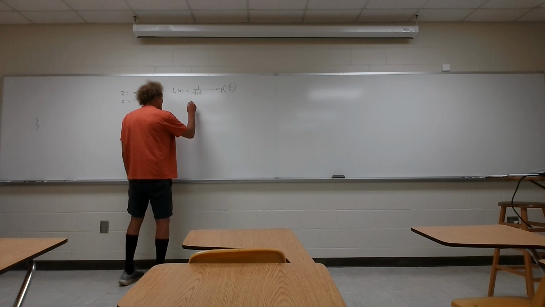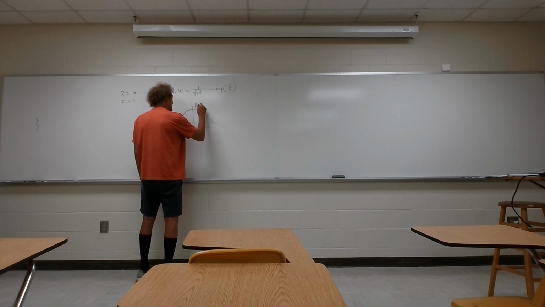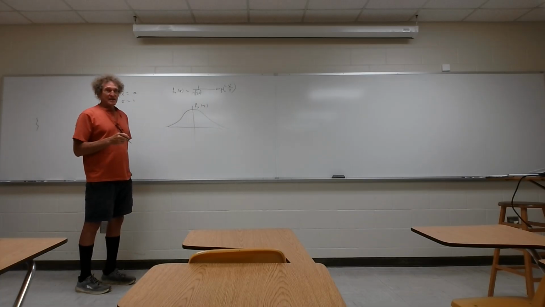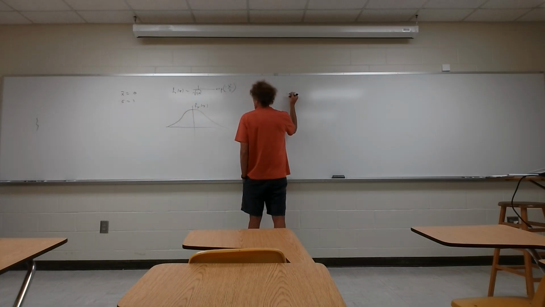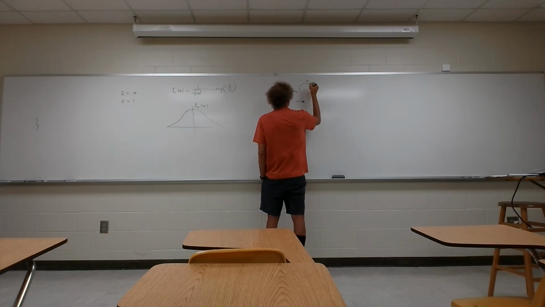So if this is the case, we know the density function f of x. You with me? Now, if you take a look at this right here, if I want something, I'll call it just capital F of x, that's equal to an integral from minus infinity to x of my f of x dx.